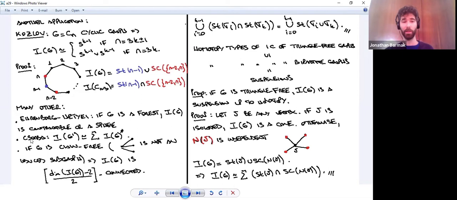A result by Peter Sorba says that if we have a graph and we take this subdivision, this is the barycentric subdivision of the one-dimensional complex. Okay, so for every edge, we subdivide it in 2 parts by adding 1 vertex in the middle. So this is G prime. And the independence complex of this graph is homotopy equivalent to the suspension of the Alexander dual of the independence complex of the original.